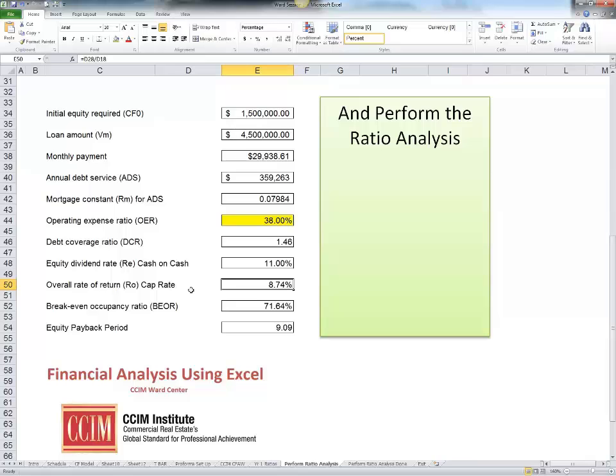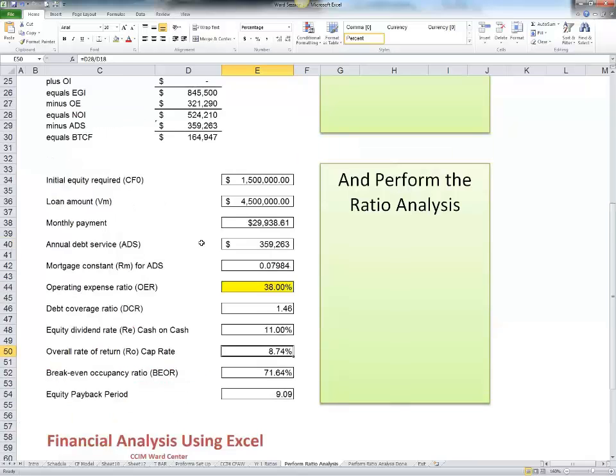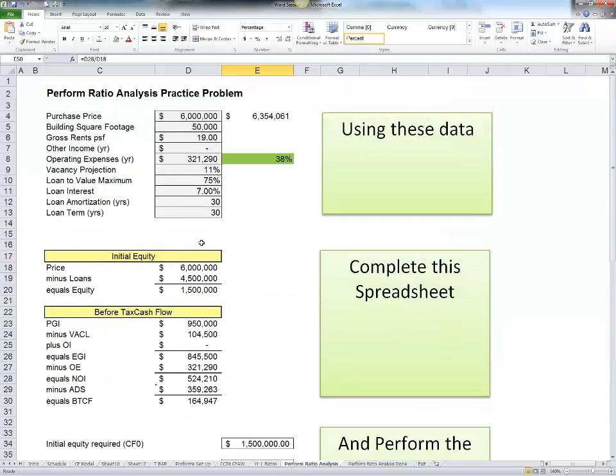Break-even occupancy is down to less than 72%, and so here would be just a simple example of going through a relatively straightforward single period ratio analysis and then looking for ratios that might be out of joint, figuring out why they might be out of joint, figuring out how we can manipulate that and make better investment decisions. That's really what it's all about.